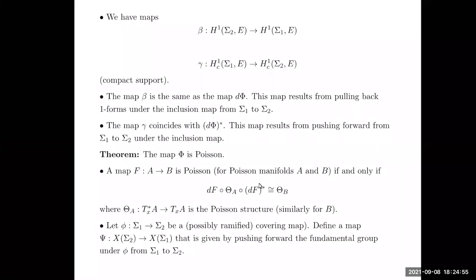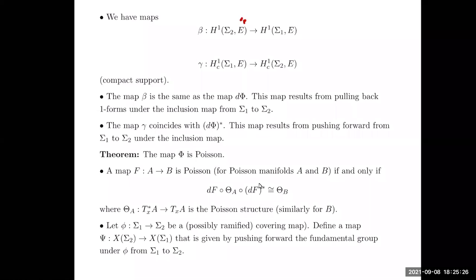Okay. Then we have maps beta from bundle valued cohomology for sigma 2 to the same thing for sigma 1, and similarly for compactly supported.